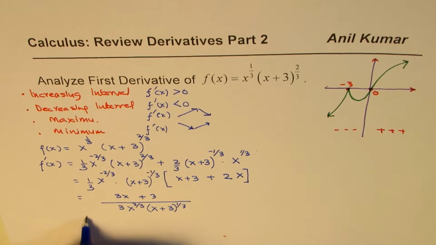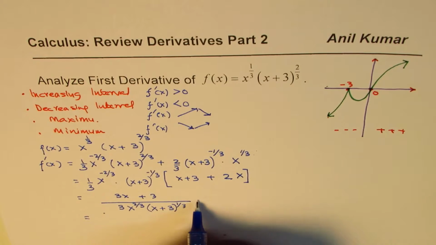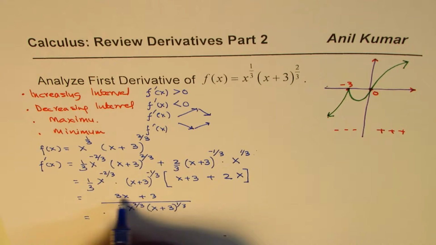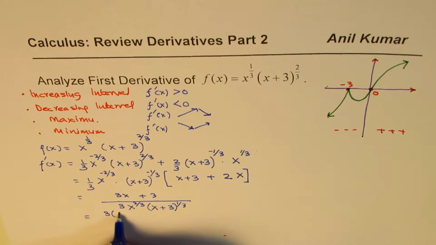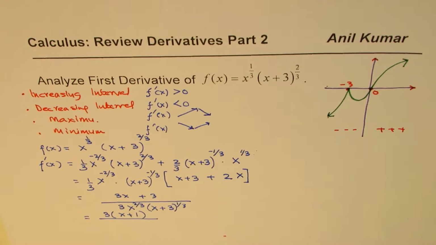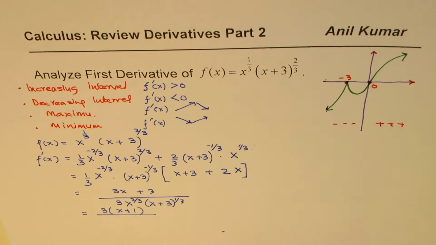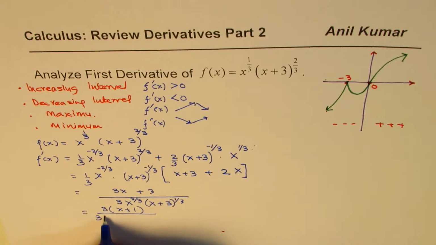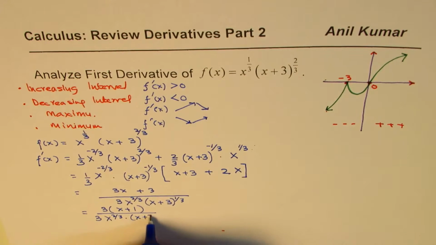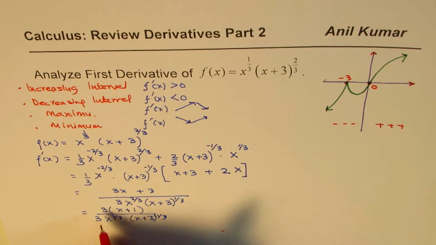So let me write it here. So we just take 3 common, right? We take 3 common, we get x plus 1 in the numerator, and the denominator is 3 times x to the power of 2 over 3 times x plus 3 to the power of 1 over 3. Now these 3's, they cancel off, right?